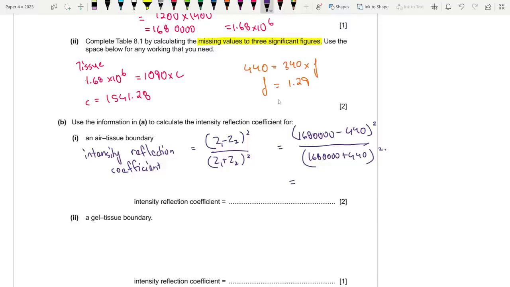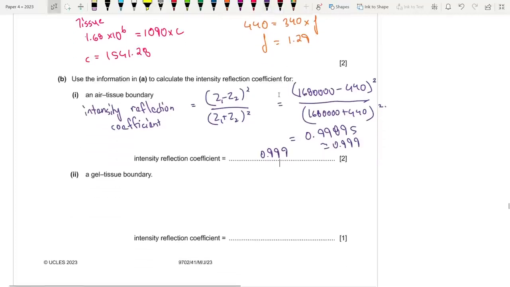One sec, let me check again. Yeah, it's 99%, or as a fraction it is 0.99895, or since our data is given to 3SF, rounded off to 3SF, it is 0.999.